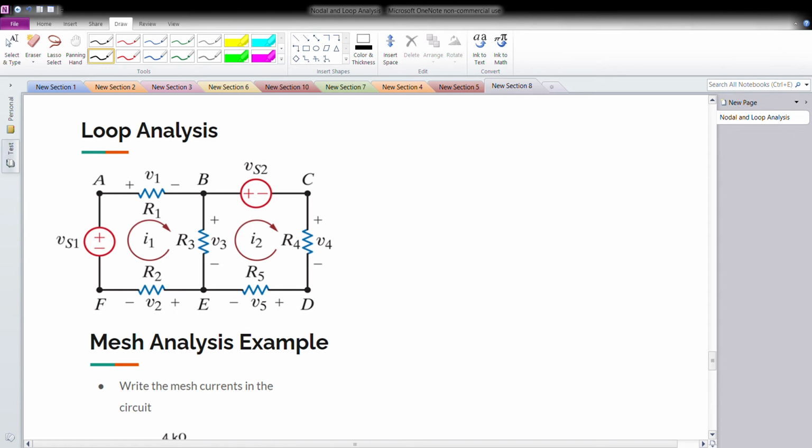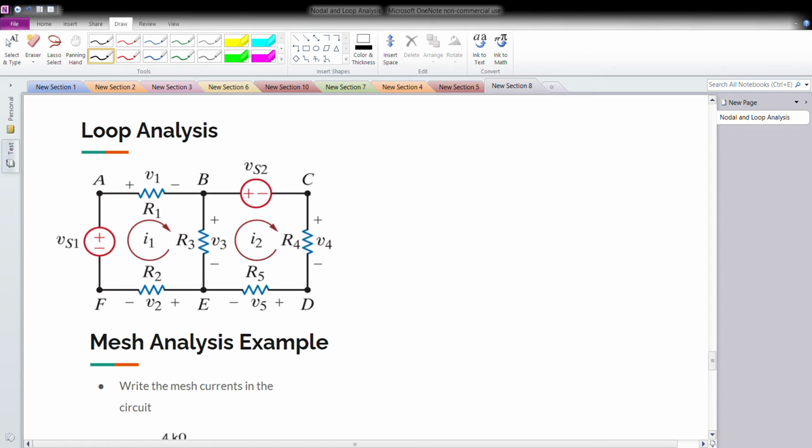I say that because if you have a current source and you're defining a loop current, if they're both in the same direction, you can easily assume that they have the same value. But if your loop current goes counterclockwise and the current source, if you follow it, goes clockwise, then they're going to have negative values, and it just becomes a source of error when you're solving it on an exam where you don't have that much time.